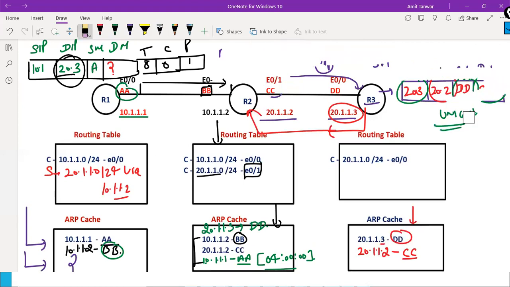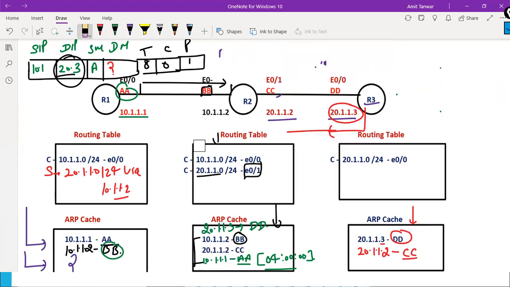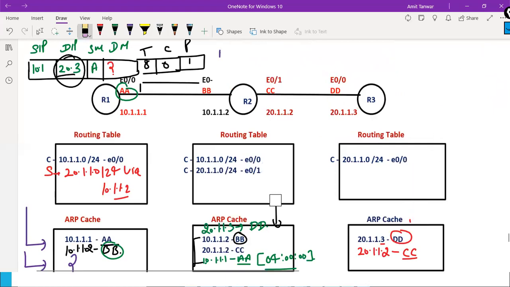So let me just erase this one. This time this ARP is between R2 and R3. Okay, now it's updated. Finally, in the destination MAC, what will be mentioned here? The destination MAC will be D, because this is updated in my ARP cache.